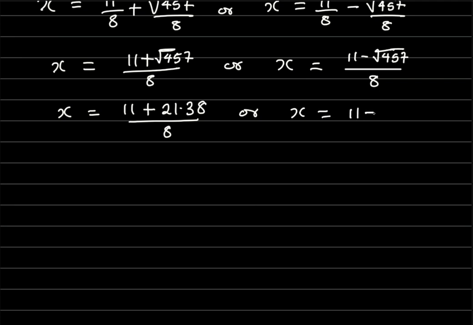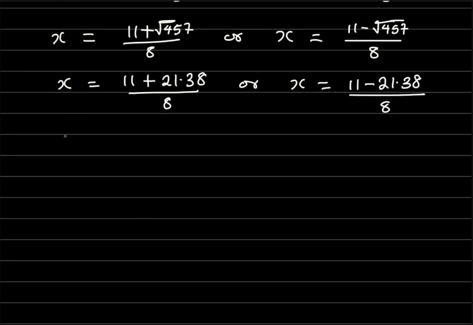So x is either 11 plus 21.38 all over 8, or 11 minus 21.38 all over 8. Once you sum that, x is either 32.38 all over 8, or minus 10.38 all over 8.